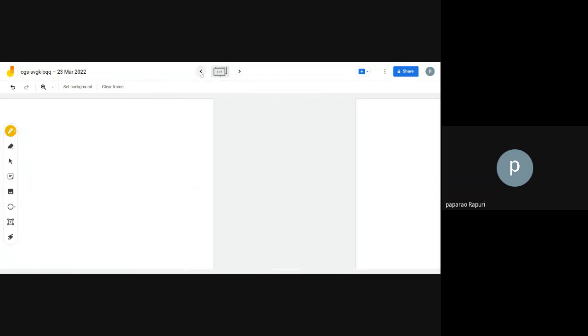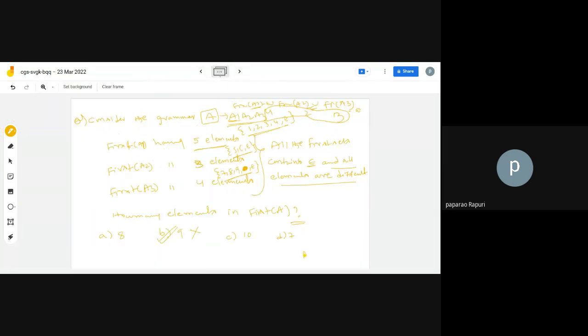So in the same way, A1 is producing epsilon, A2 is producing epsilon, A3 is producing epsilon. So epsilon into epsilon into epsilon, so everything is epsilon. So A is also indirectly producing epsilon. That is also another symbol of the first set. So 9 plus 1. Totally we are having 10 symbols.